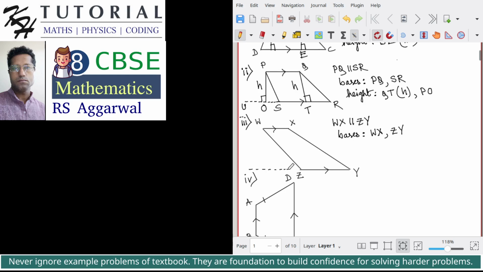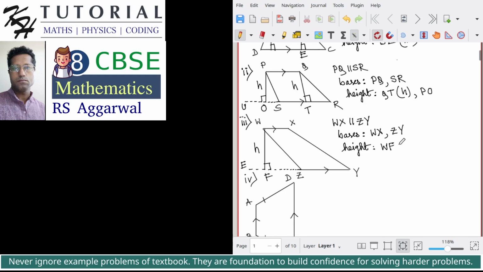I am extending the side ZY, let's say this is E, and I am drawing a perpendicular from the endpoint W on the extended side ZY. Let's say this is F, and this height, let's say, is H. So the height of this trapezium will be WF. One height of this trapezium can be represented by WF.